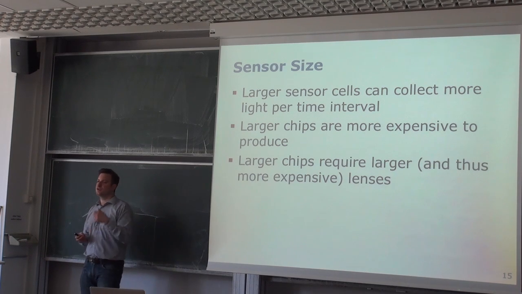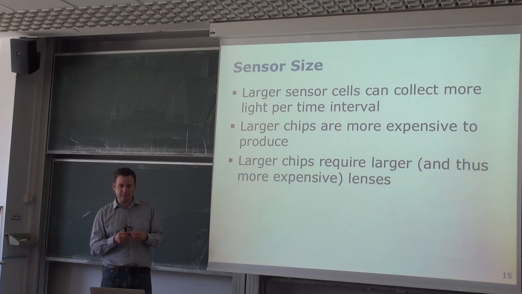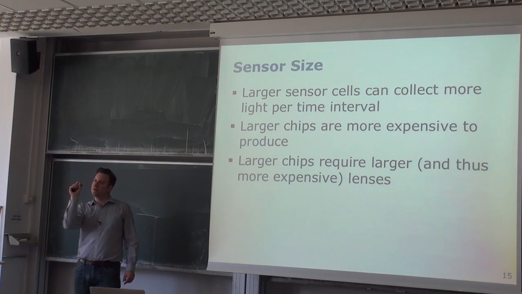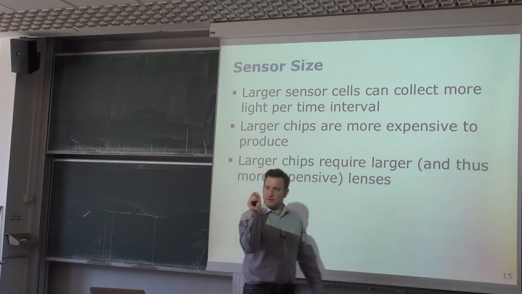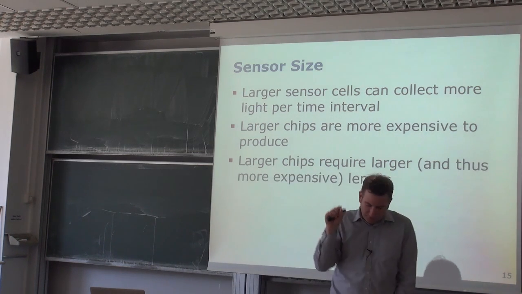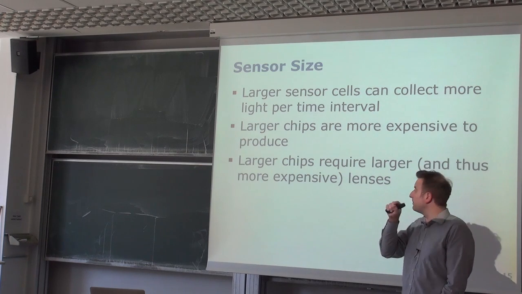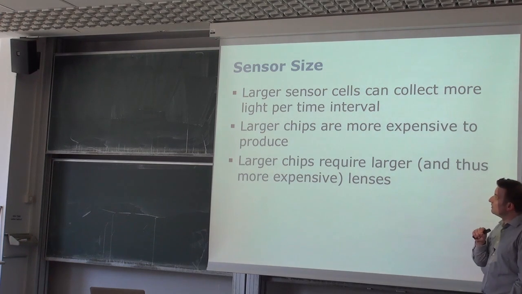And we can actually show that the smaller the cells get, the smaller the number of photons, and this is problematic for generating good images.